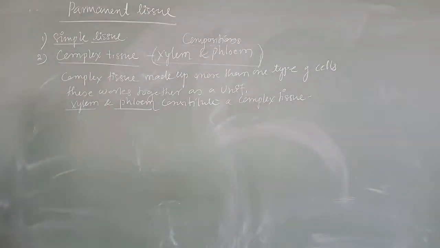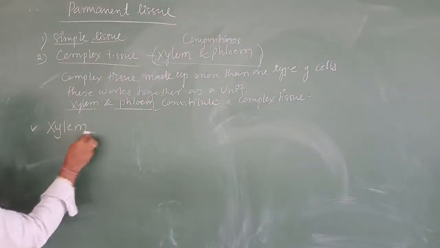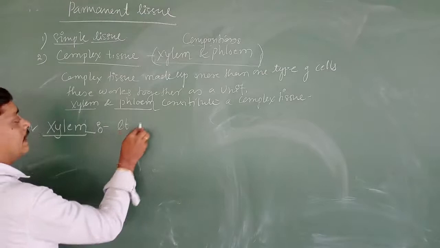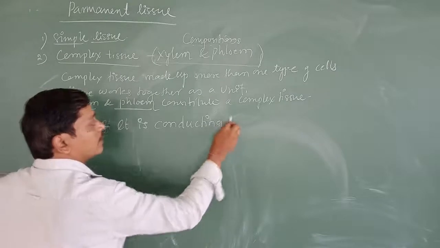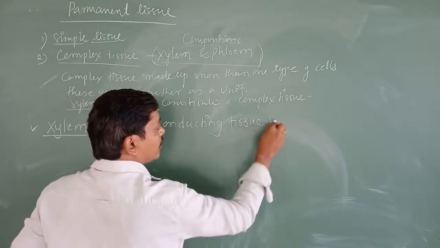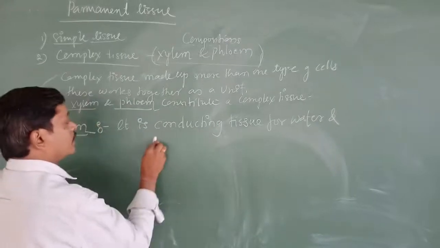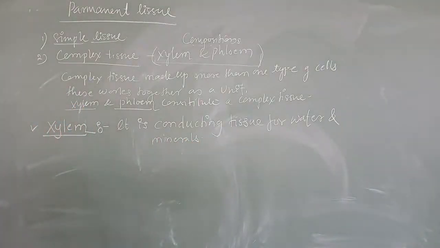Now we are going to start discussing the first one, xylem. What is xylem? Xylem mainly works as a conducting tissue for water and minerals, from root to the stem and leaves.